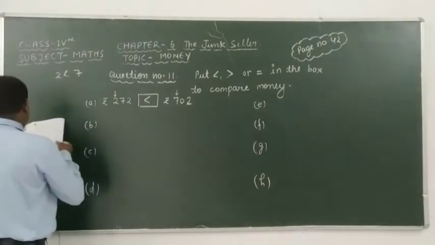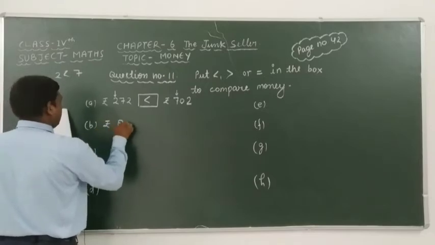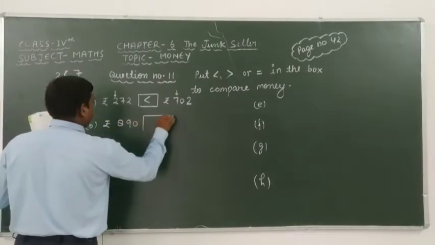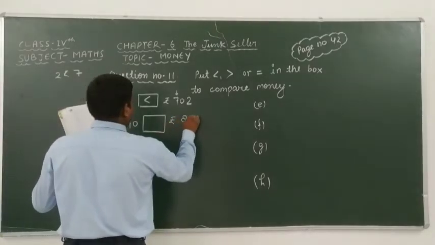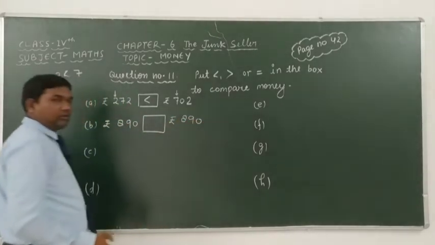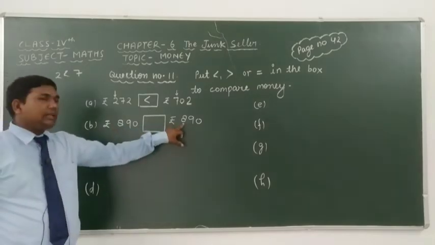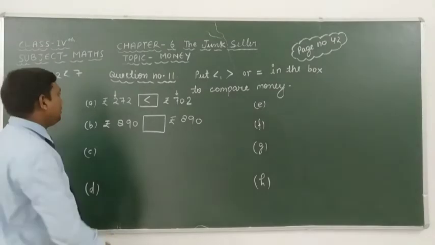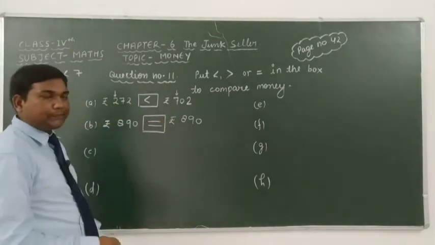Look, question number B, rupees 890 box rupees 890. Students, look at here carefully. Here given that 890 and here also given that 890. Therefore, here we can take the equal mark. Okay.